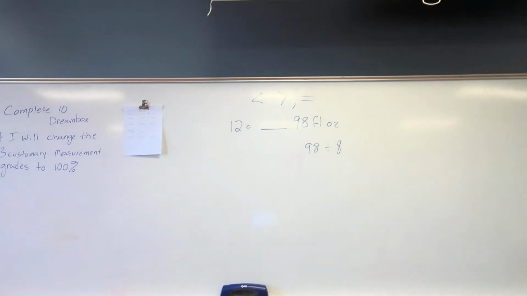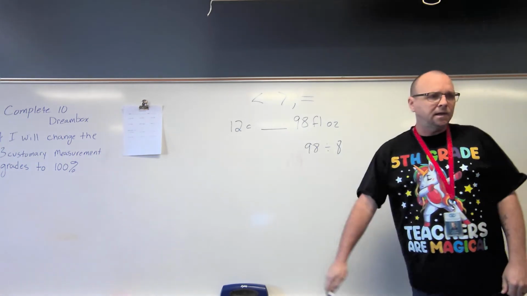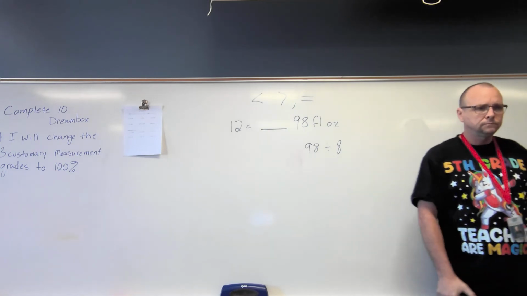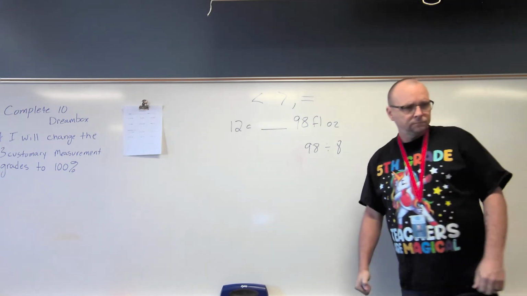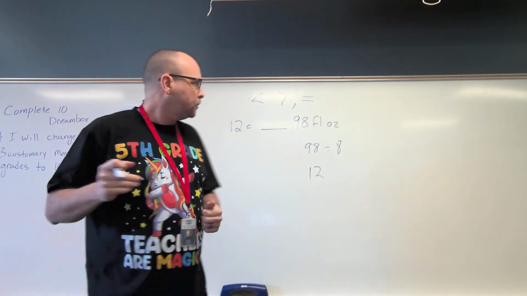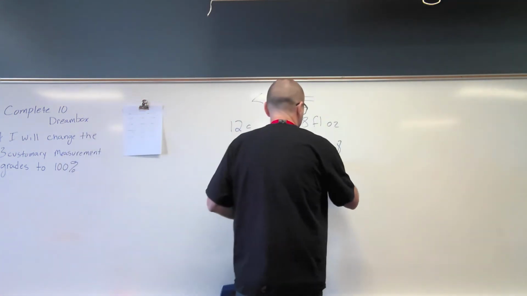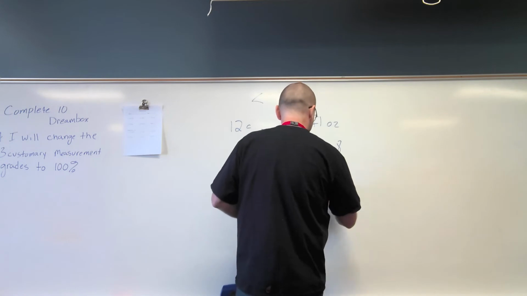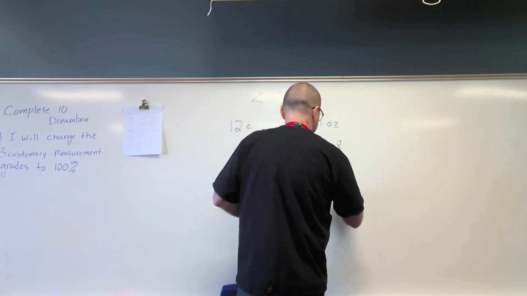And Kaylee, how many times does 8 go into 98? It goes into 98 12 times, with a remainder of 2. So this is 12 cups and 2 ounces.